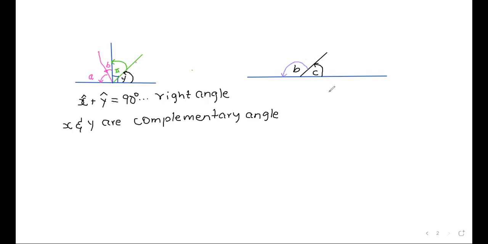Now, here we have angle B plus angle C is equal to 180 degrees. And the reason is that they are on a straight line, or straight angle.